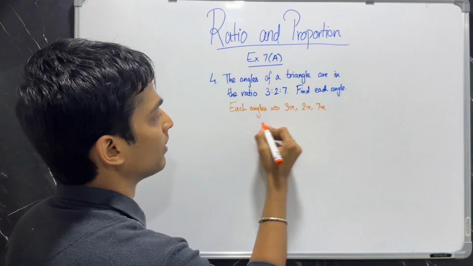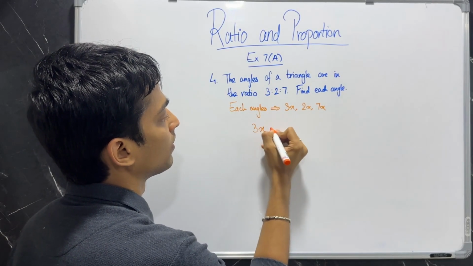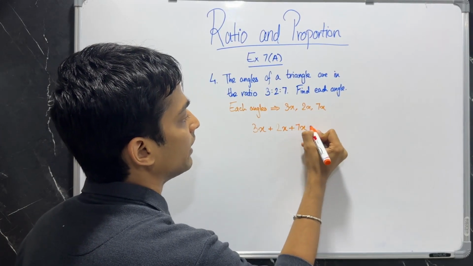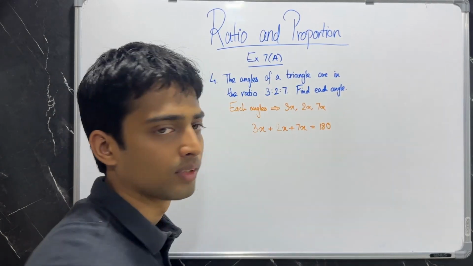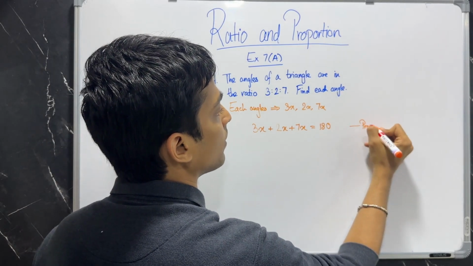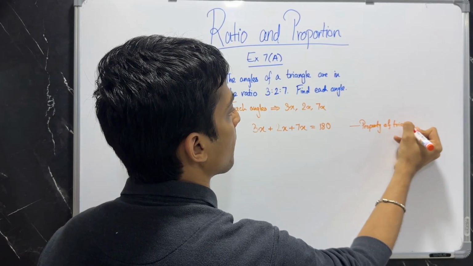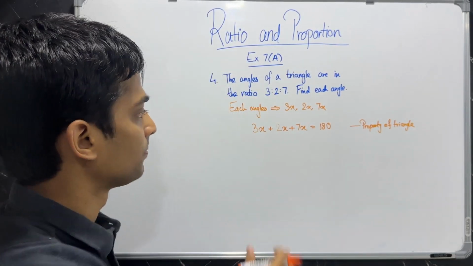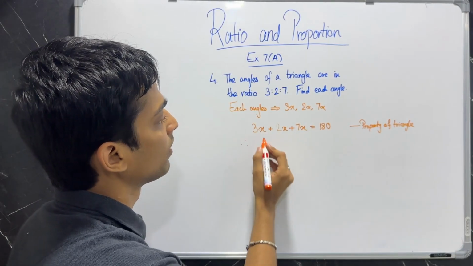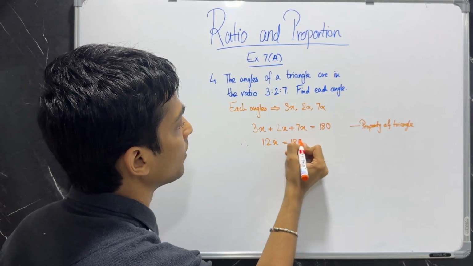So 3x plus 2x plus 7x equals 180 degrees. This is nothing but the angle sum property of a triangle. Now we need to find the value of x. So we get 12x equal to 180.